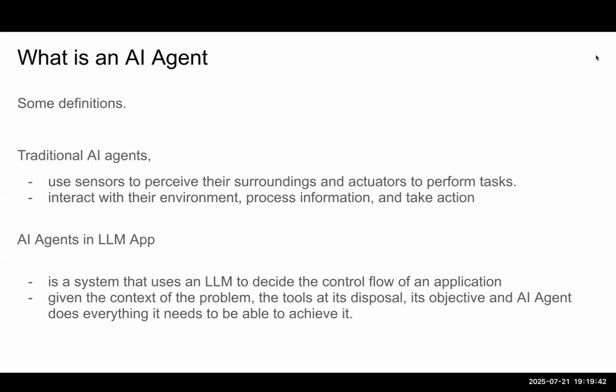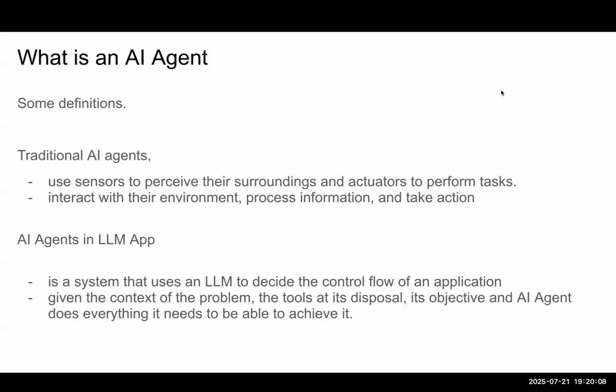So it uses the LLM for many different needs in the LLM app scenario, or agents. Essentially, given the context of the problem and a lot of tools at its disposal, the agent does everything it needs to do to achieve the objective. So that's a definition you can see in some places.